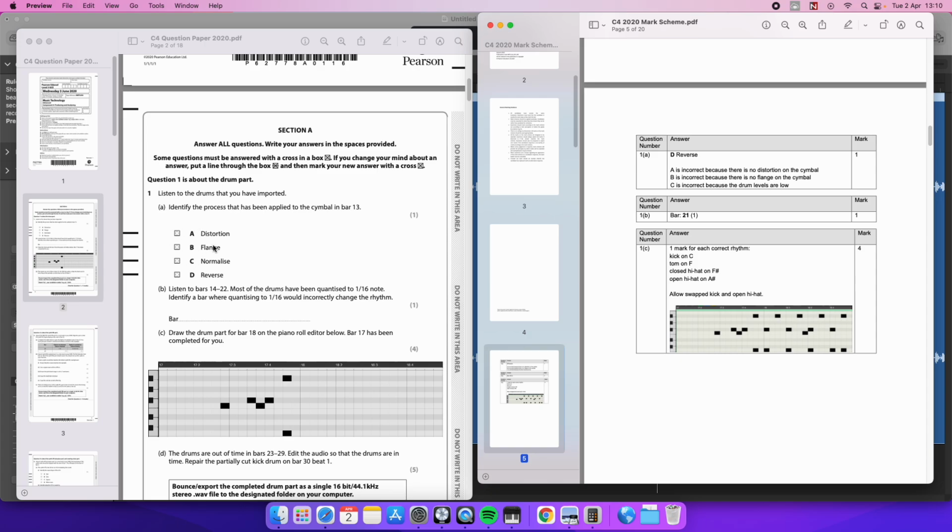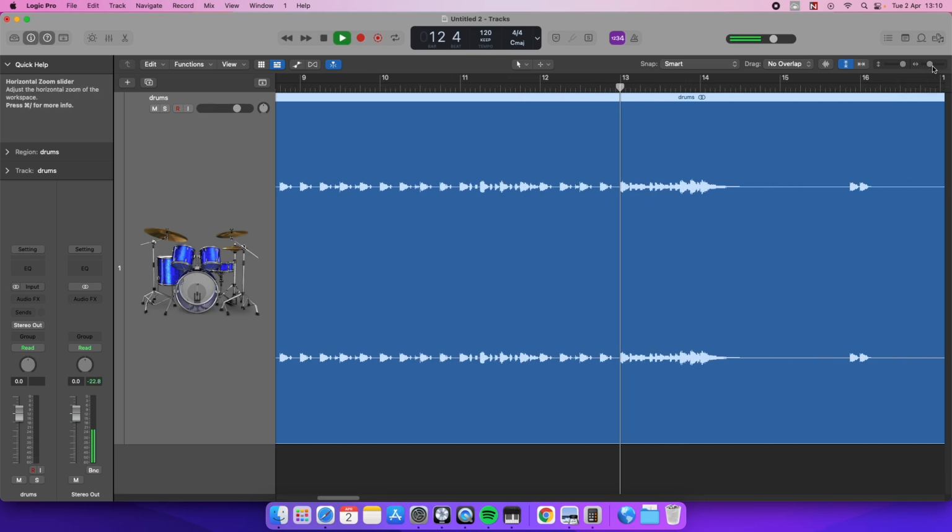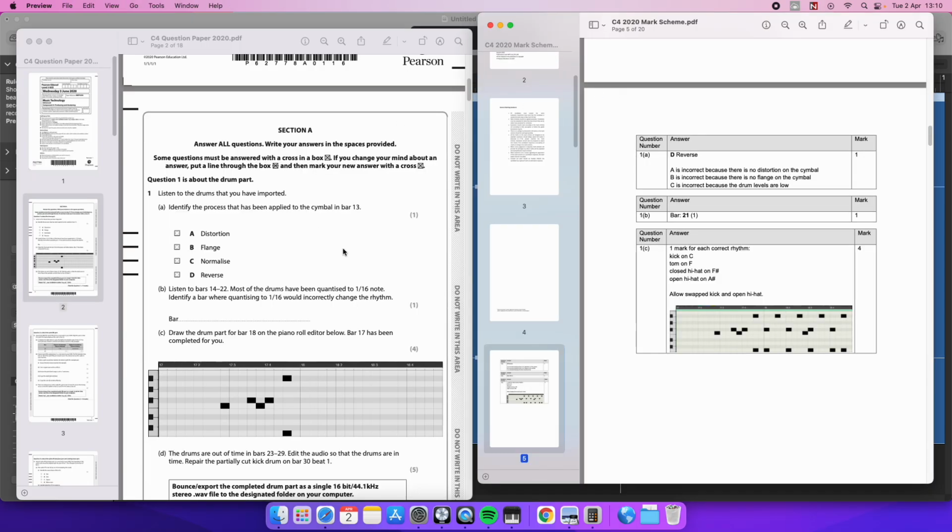Distortion, flanging, so some modulating, normalizing, bringing it up to 0 dB, or reversing. It was a reverse cymbal. There's no distortion, there's no flange, and the drums levels are low, so it's not been normalized up to 0 dB. It's not a very obvious reverse sound, I don't think. Yeah, maybe just around here. Okay, so the reverse one. It's the most obvious one anyway.